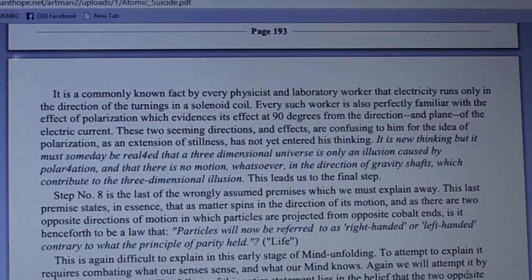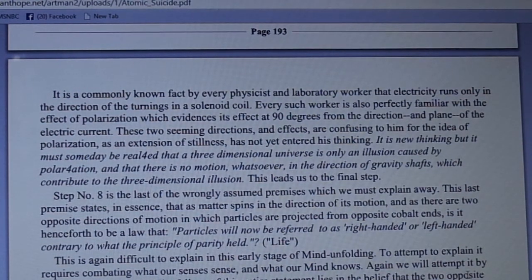It is a commonly known fact by every physicist and laboratory worker that electricity runs only in the direction of the turnings in a solenoid coil. Every such worker is also perfectly familiar with the effect of polarization, which evidences its effects at 90 degrees from the direction and plane of the electric current.